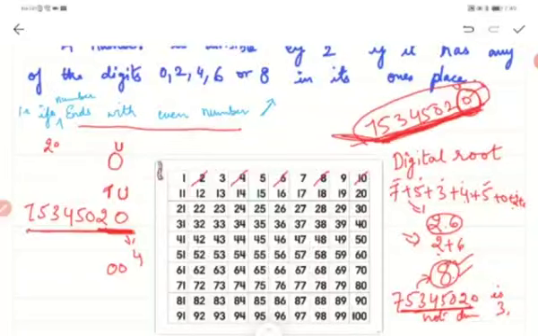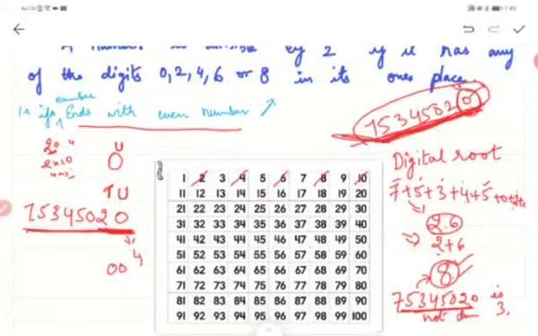This 20 is there in 2's table, isn't it? 2 tens is 20. Or directly you can see this 20 is in the 4 table, right? 4 5s is 20. So if you check the last 2 digits and they are divisible by 2 or by 4 itself, then you can say the whole number is divisible by 4.